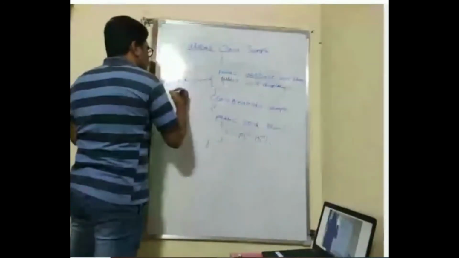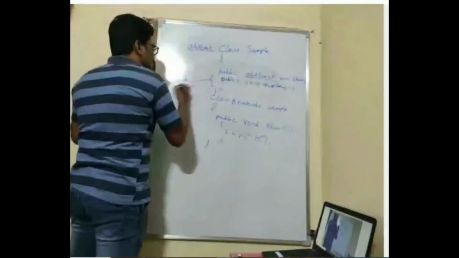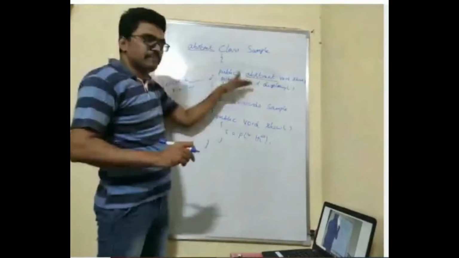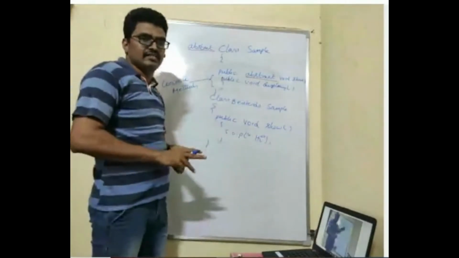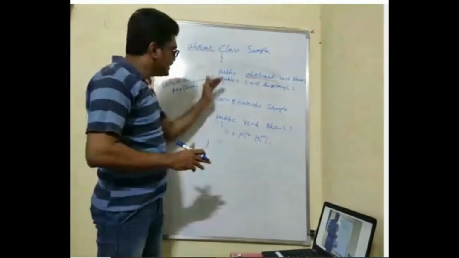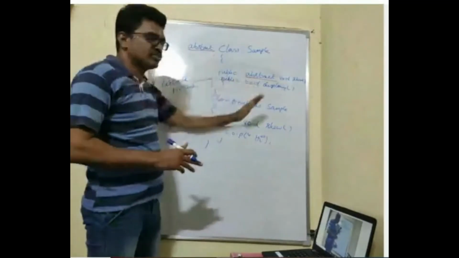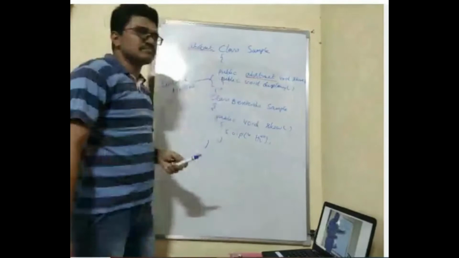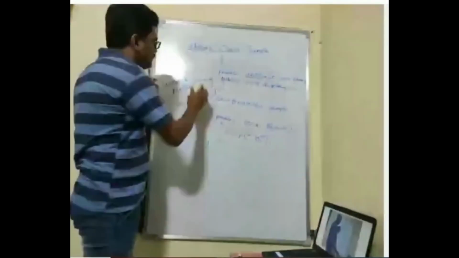Non-abstract methods are called concrete methods. A class that contains at least one abstract method is called an abstract class. Okay, we'll see some questions based on abstract class.